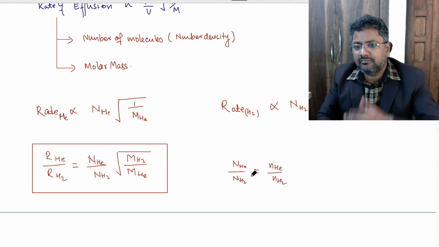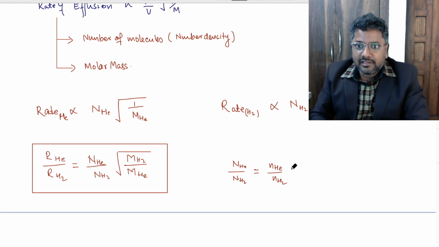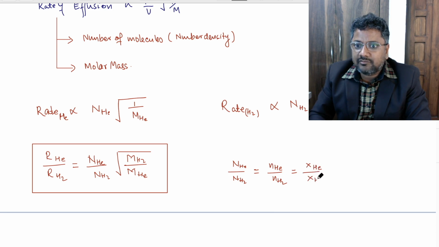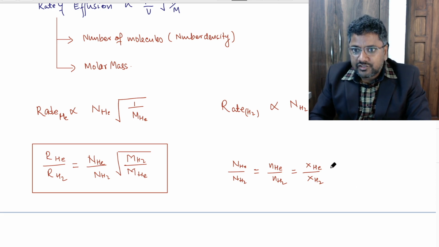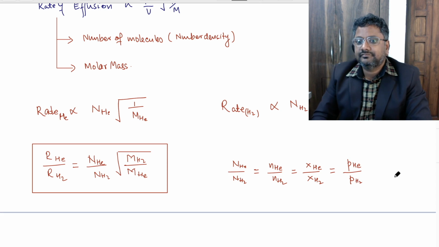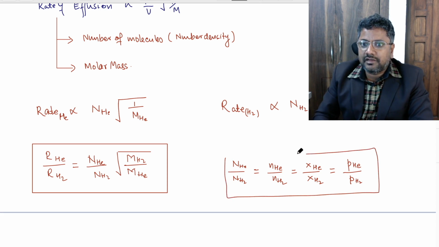At any moment of time, the ratio of molecules is always equal to the ratio of moles, and the ratio of moles is equal to the ratio of mole fraction of helium by mole fraction of hydrogen. Very simple. And the ratio of mole fraction is equal to the partial pressure of helium by partial pressure of hydrogen. So all these terms are equivalent, are equal.